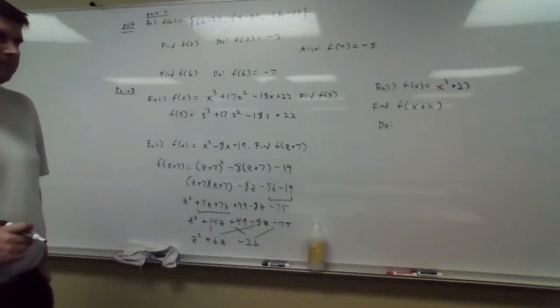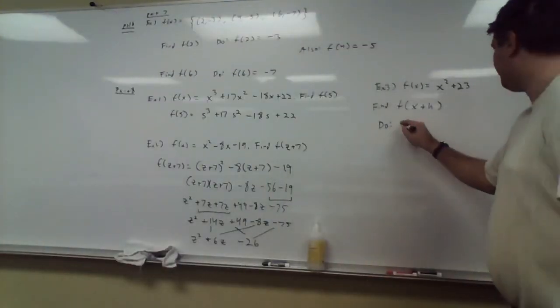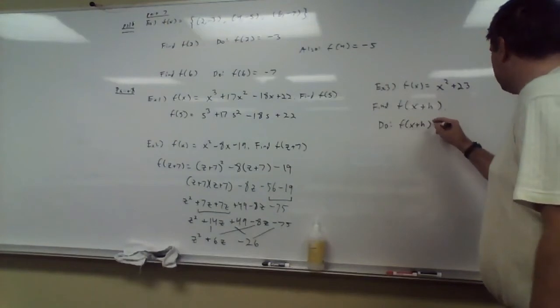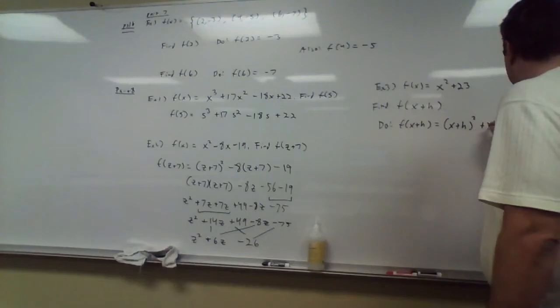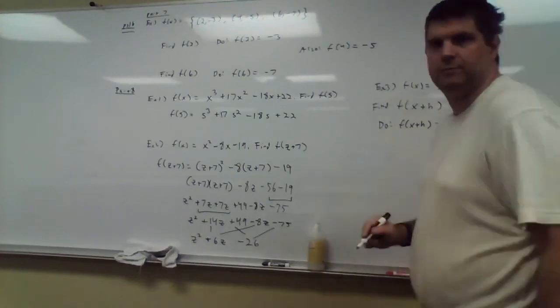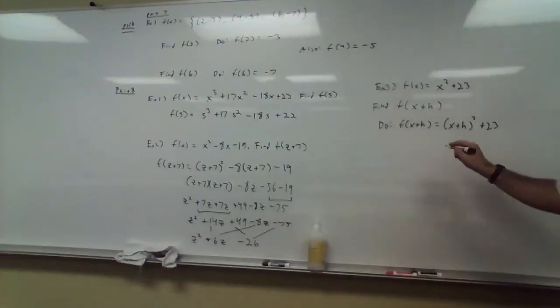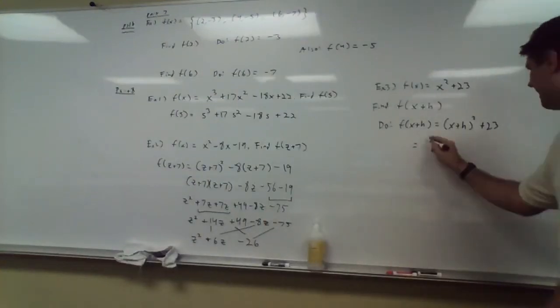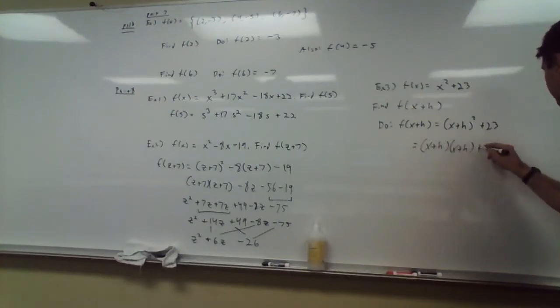All right. For this one, this is going to be f of x plus h equals x plus h squared plus 23. Okay? Which is going to give me x plus h times x plus h plus 23.